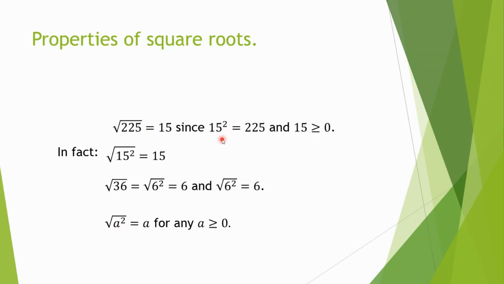Now notice, since 15 squared is 225, that tells us if we replace it in the radicand, so if we take 225, replace it with 15 squared here, we get this. Likewise, if you go back to 36, right? 36 is 6 squared. So if we replace it, we get this equation. And so we get this.